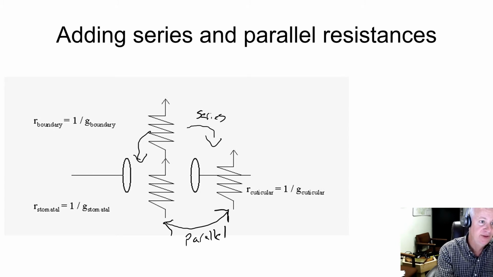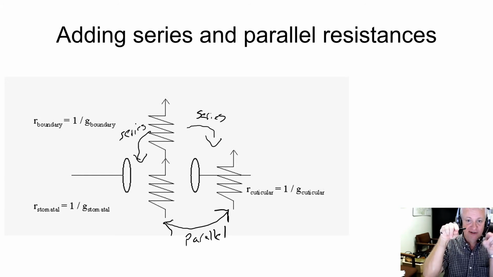Think about the movement of a water molecule, which is what we're concerned about here. Water molecules would have to move in parallel if they're encountering either cuticular or stomatal resistances. Those two resistances are in parallel. But if a water molecule has moved through either the cuticle pathway or the stomatal pathway, they then have to move through the boundary layer resistance. So that makes the boundary layer resistance in series to the other two.